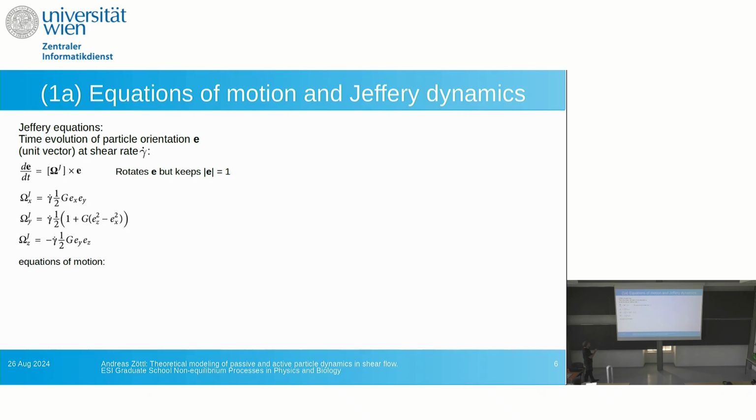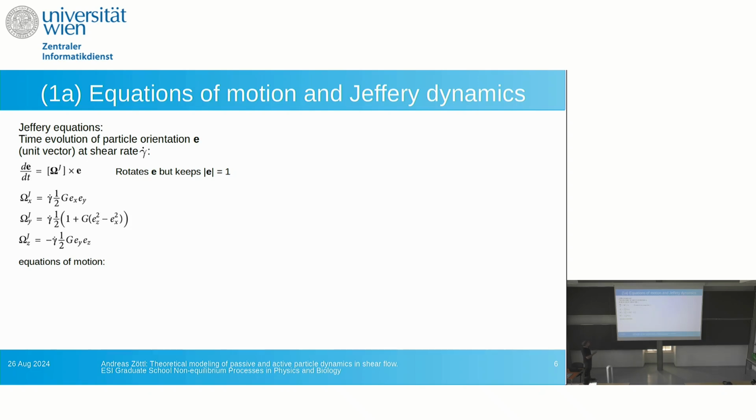But in our case, we have this omega, we call it omega J, which is the Jeffery orientation rate. Because Jeffery, 100 years ago, was the first one who observed this dynamics and also derived these equations.